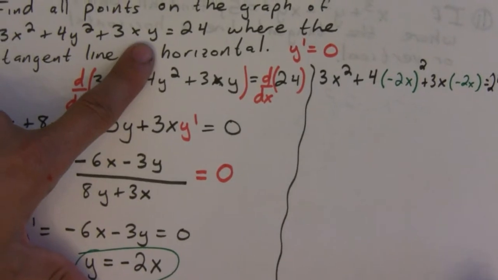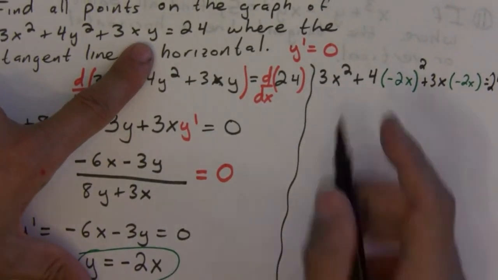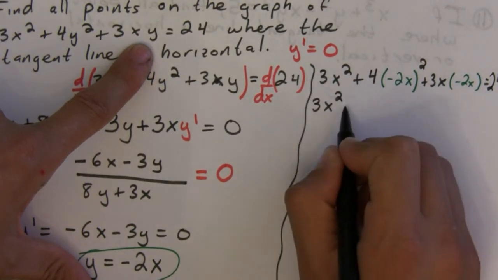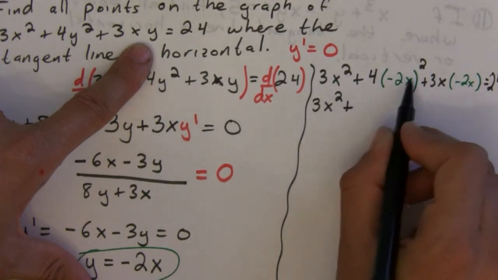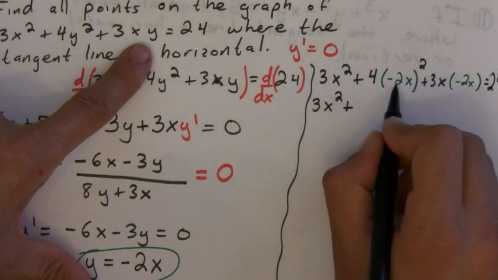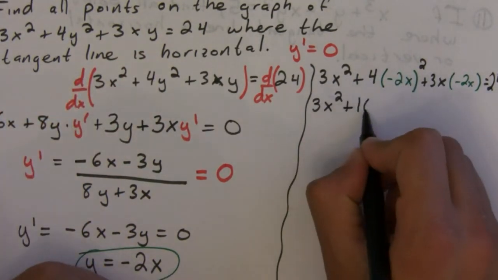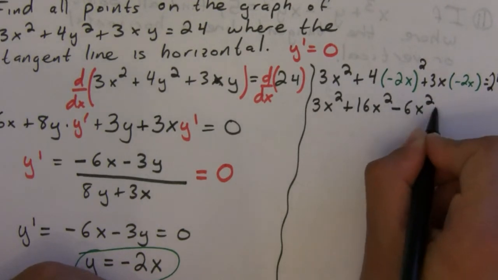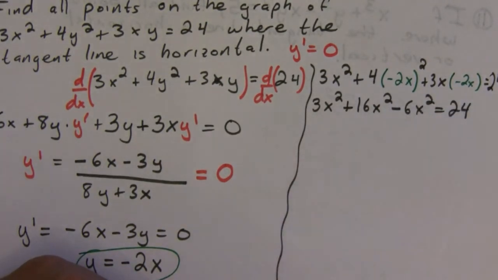And so now what I have is an equation that I can actually solve. Let me just clean this up a little bit. This is 3x squared plus 2x squared. Well, that's 4x squared times 4 is 16x squared, minus 6x squared equals 24. And now I'm getting somewhere.